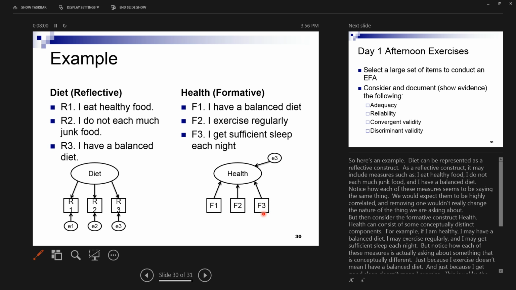You can't model it in Amos like this. It won't work. It says health doesn't exist. What is health? Okay. Sorry, that wasn't a very good answer. But if we get to PLS, it'll connect.